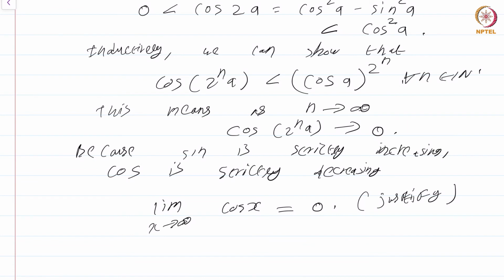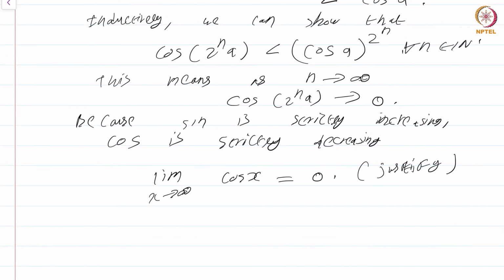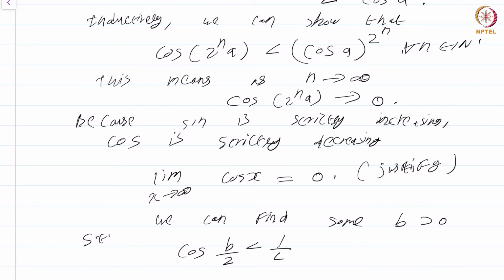Okay, now because the limit as x goes to infinity of cos x is equal to 0, we can find some b greater than 0 such that cos b by 2 is less than 1 by 4.